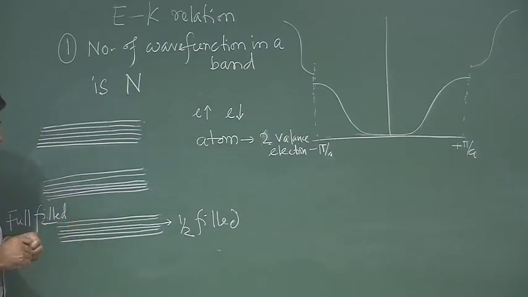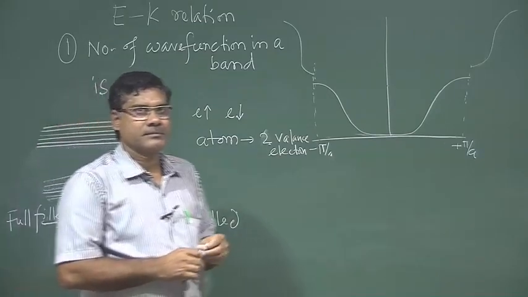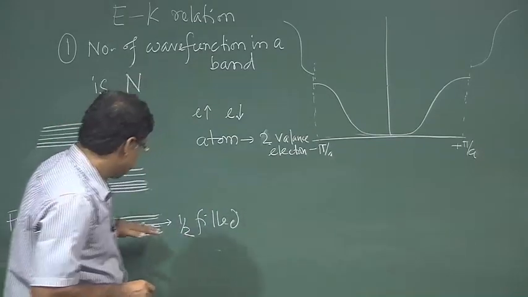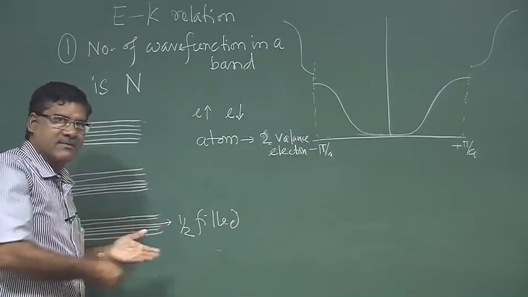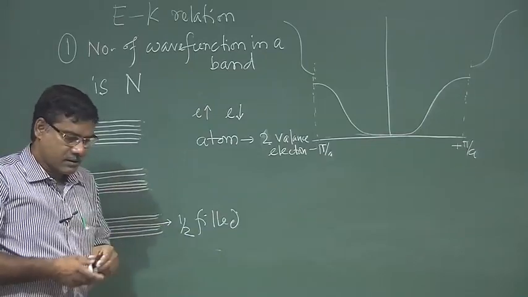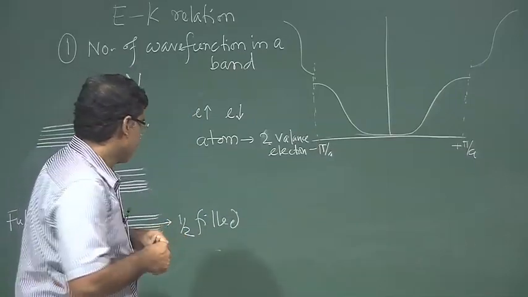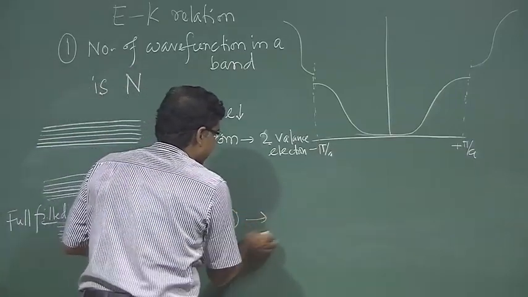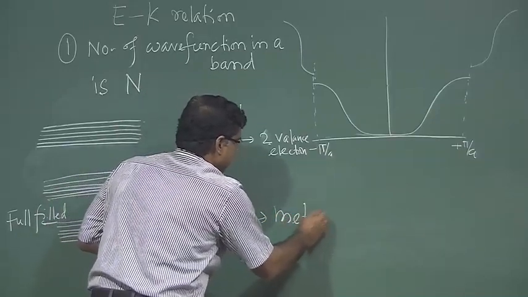Okay. Now, when it is half filled, all the other energy levels are very close. So, these electrons can move freely. Okay. So then this type of solid shows the behavior of a metal.